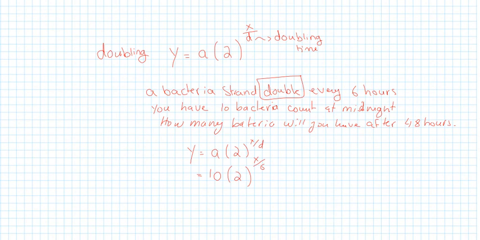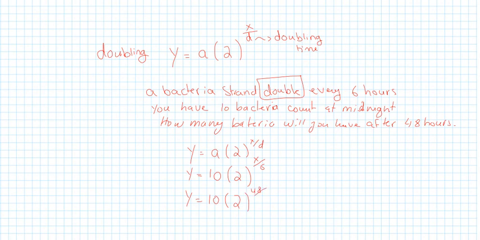Now the question is asking me, how many bacteria will you have after 48 hours? So x is 48. Y is the number of bacteria. So x is 48 over 6. Okay?